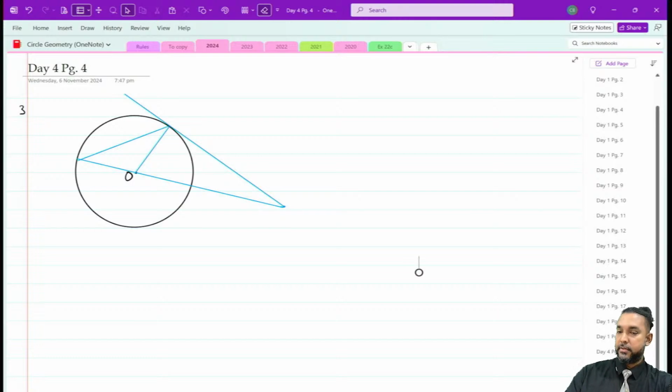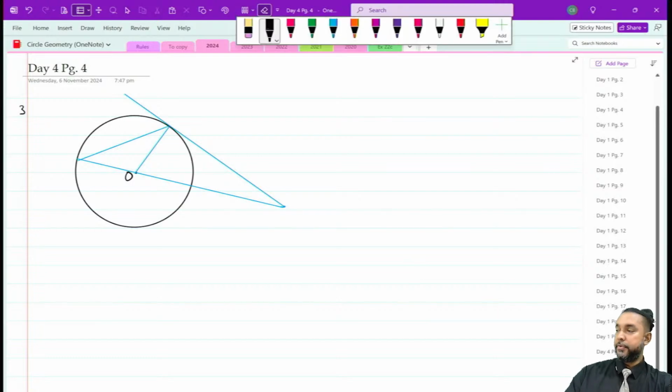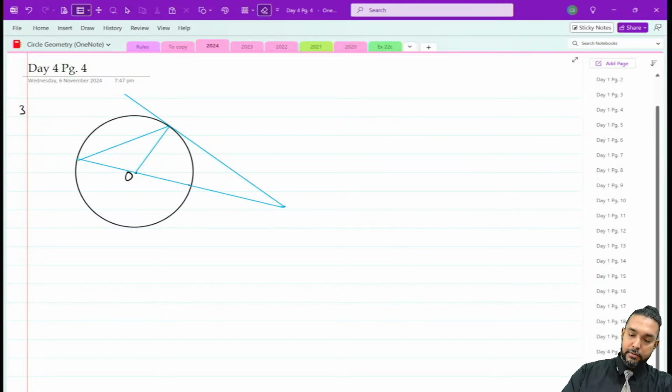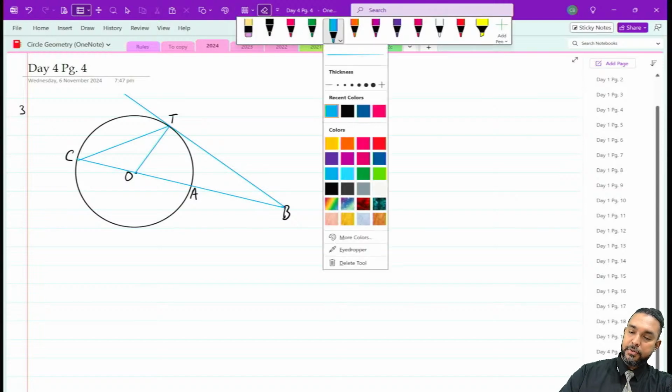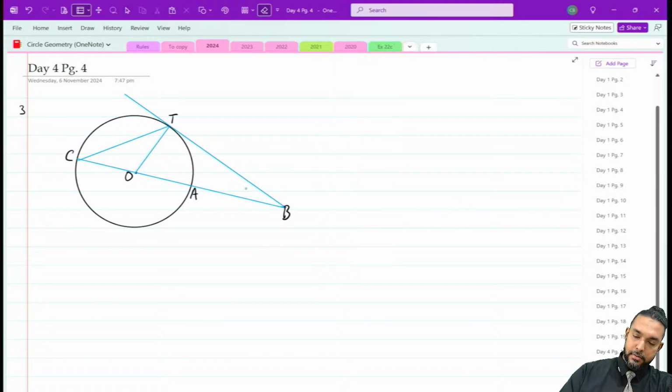Right, so let's get some of the other letters for the vertices going. Well, maybe not vertices, but points. So that's point A there, that's point B there, that's point T, and that's point C. And they've given us one marked angle down here, which is 27 degrees. Put it in a slightly heavier weight.